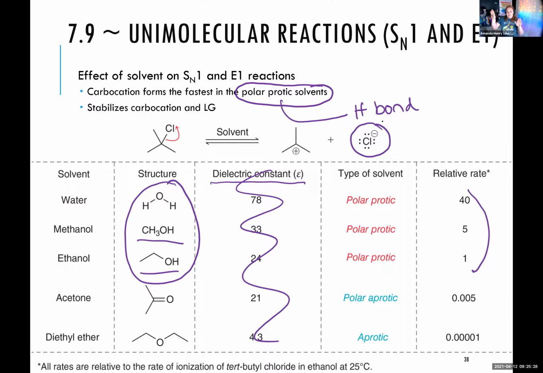We don't want that leaving group to come back and bond with our carbocation again. Notice that it's a reversible reaction. That carbocation is super reactive, but we don't want the leaving group to react with it. We've already done that. We're trying to get rid of the leaving group. We want our nucleophile to come in and react. So the solvent can surround that leaving group, keep it occupied, while something else new can come in and react with our carbocation. So that solvent's going to help stabilize the carbocation and keep the leaving group busy.